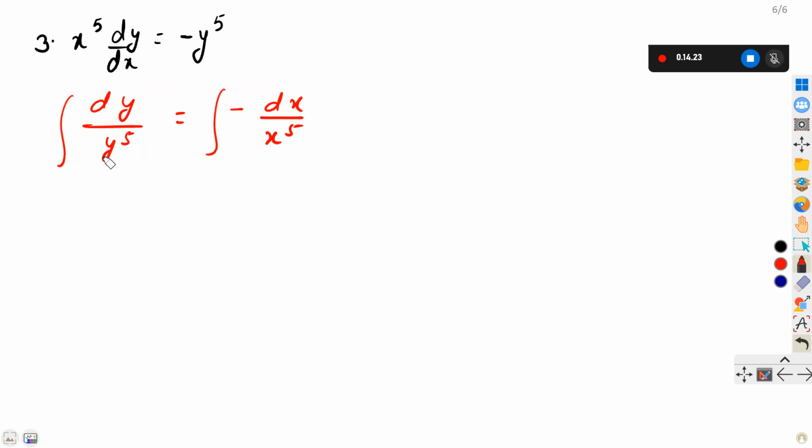So how can you integrate 1 over y raised to the power 5? Will it be log y to the power 5 again? No, here we can use the integration formula you must have seen, for x raised to the power n. When we have a polynomial function with some power greater than 1: if it was 1 upon y, we said that it is log y.